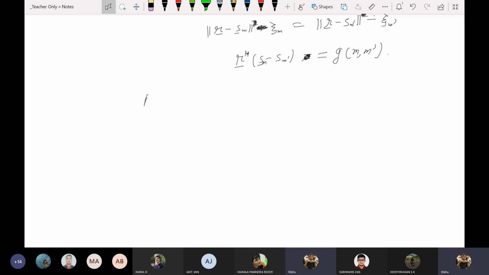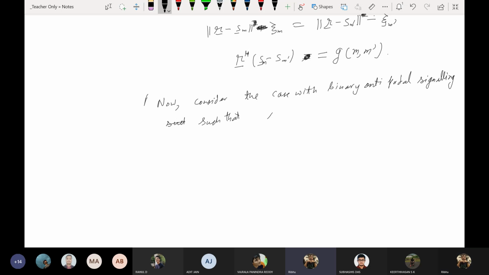So this we have talked about. Now consider the case with binary antipodal signaling, such that S1(t) equals S(t) and S2(t) equals minus S(t).